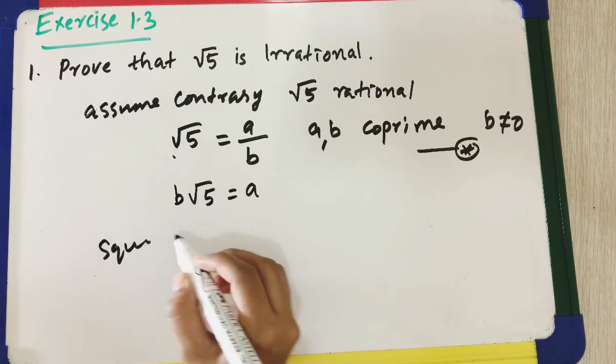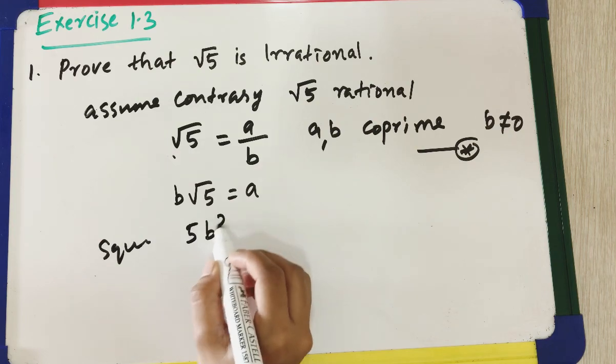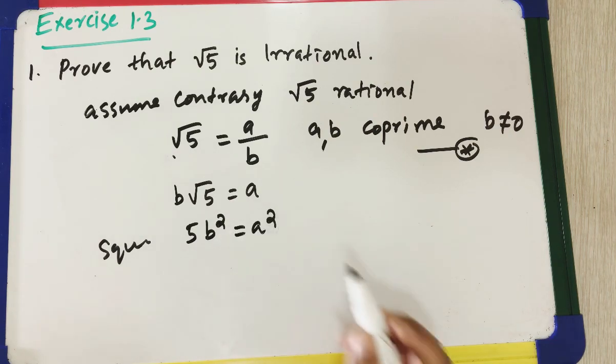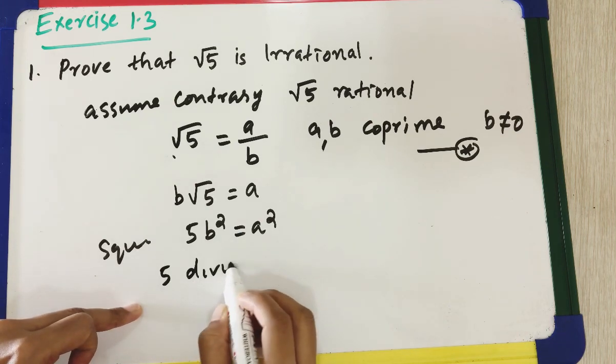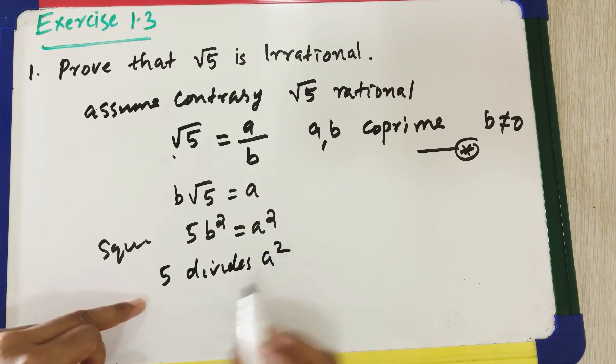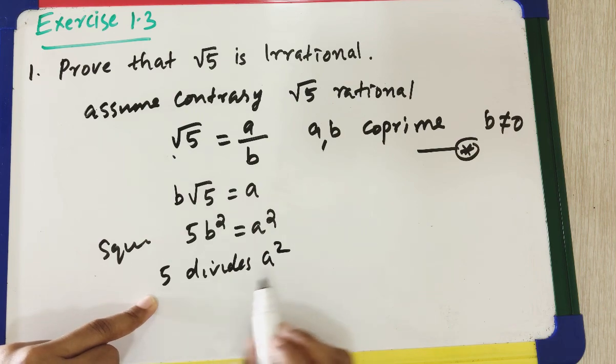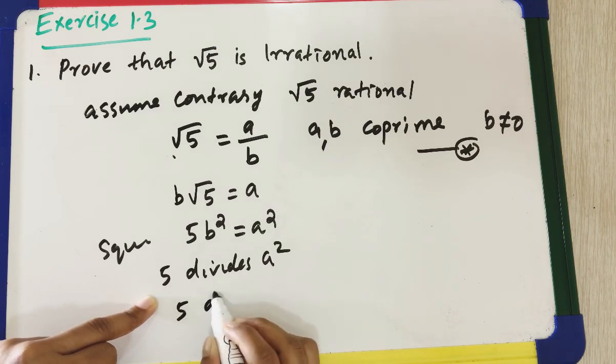Squaring, we get 5b square is equal to a square, which means 5 divides a square. Here 5 is a prime and 5 divides a square. Therefore, by theorem, if p is a prime and p divides a square, then p divides a, we get 5 divides a.